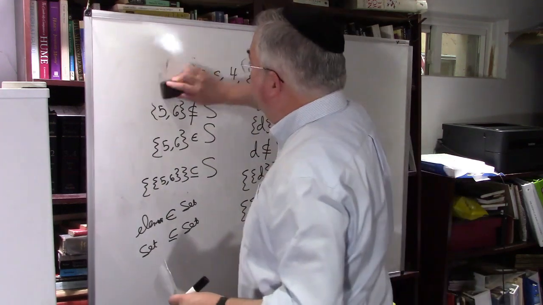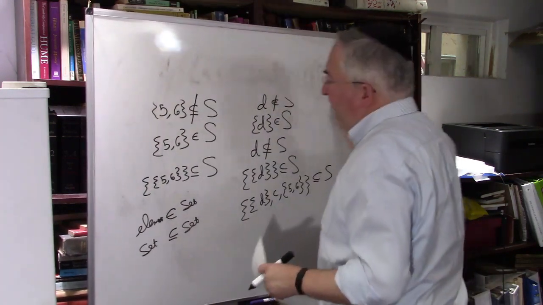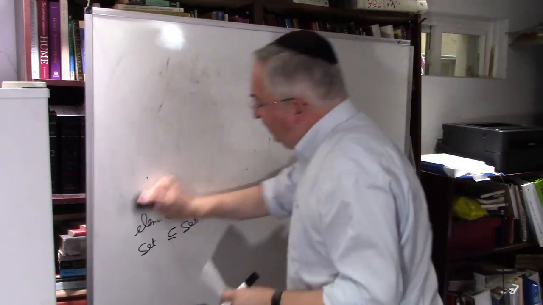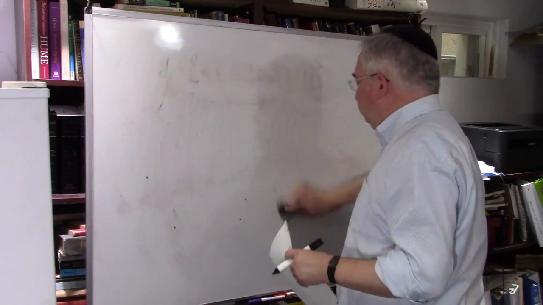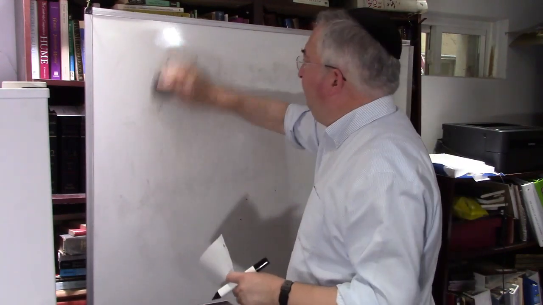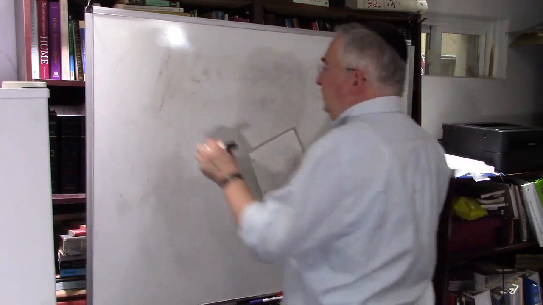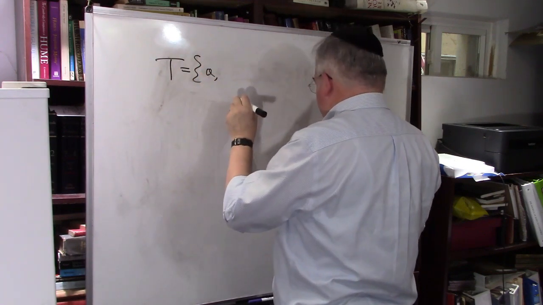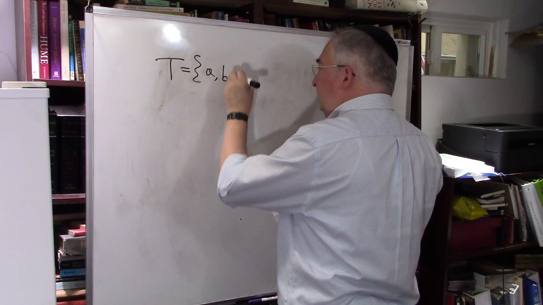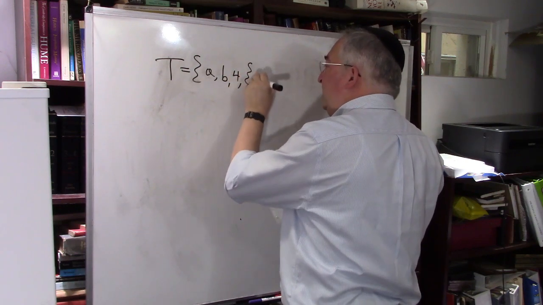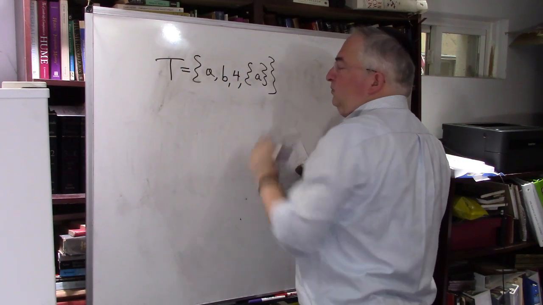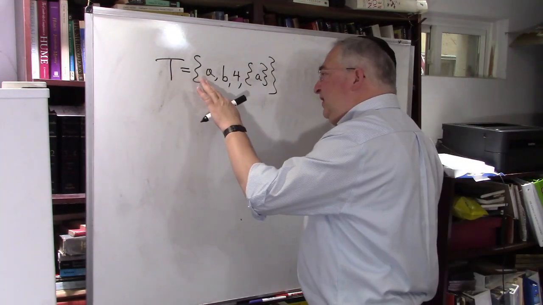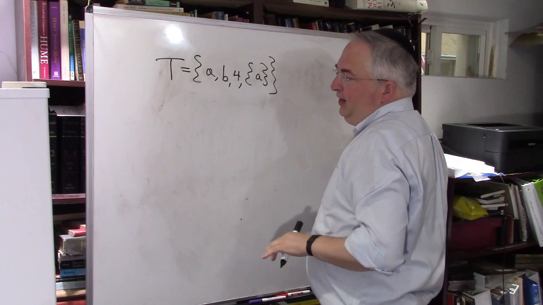But here's a very strange set, but totally legitimate. Consider this. The set T, which contains the element A, the element B, the element 4, and the set {A}. That's a strange set. It both has the element A and the set containing A. Okay?